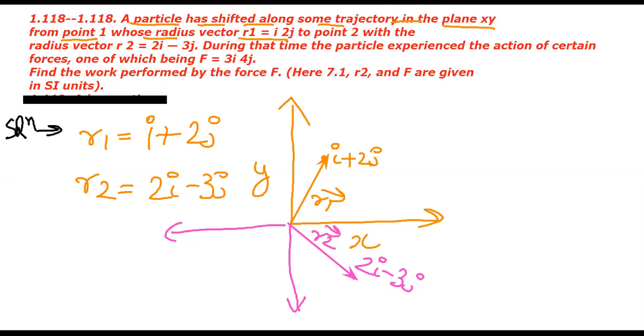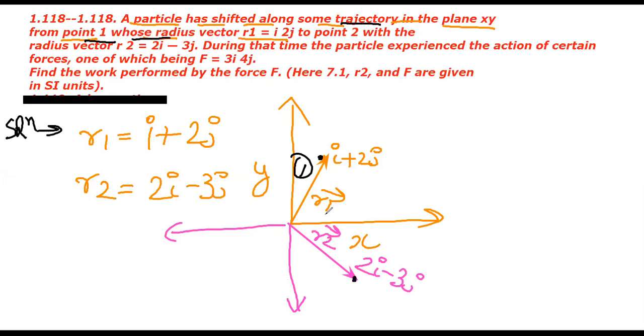The question says the particle followed some trajectory in the xy plane from point 1, whose radius vector is i plus 2j, to point 2, with radius vector 2i minus 3j.